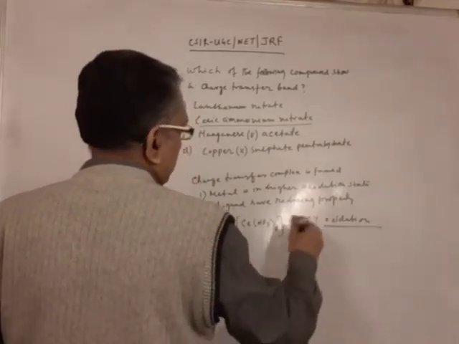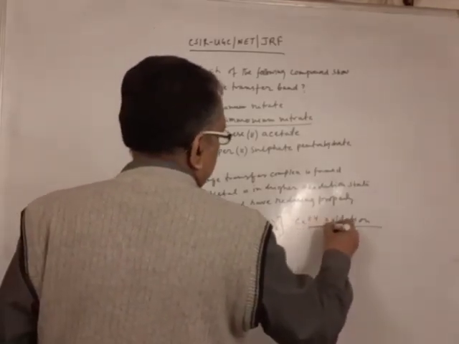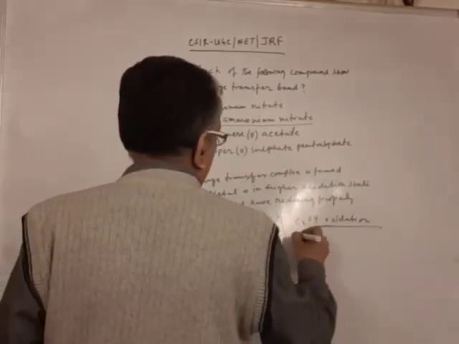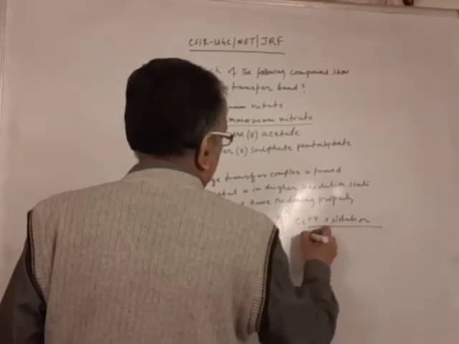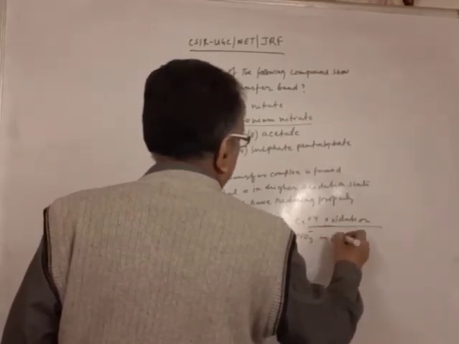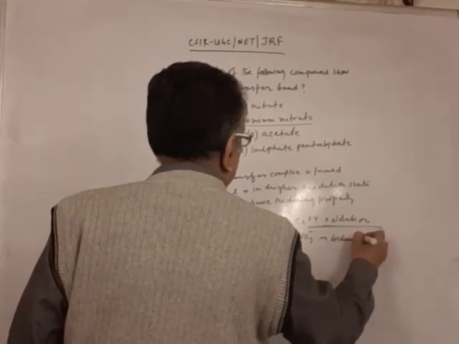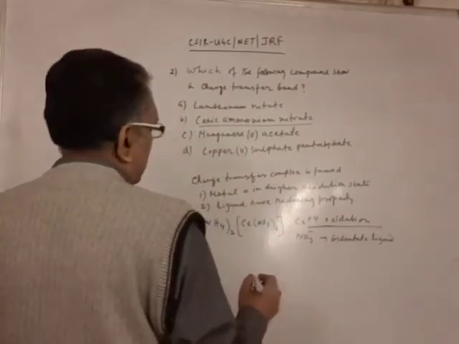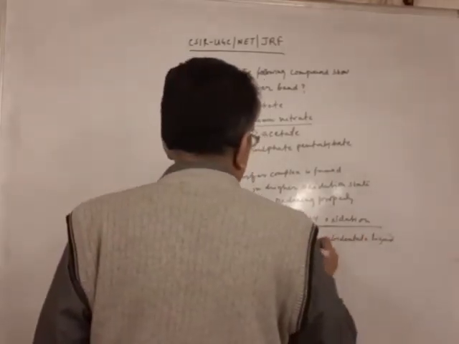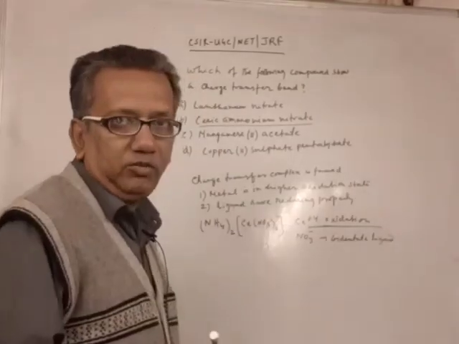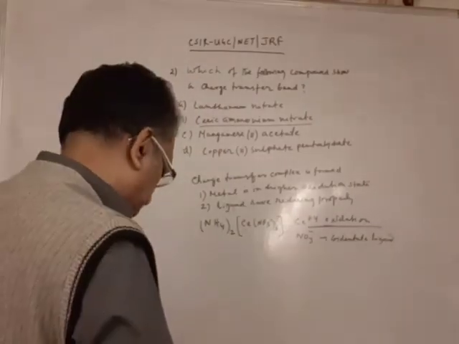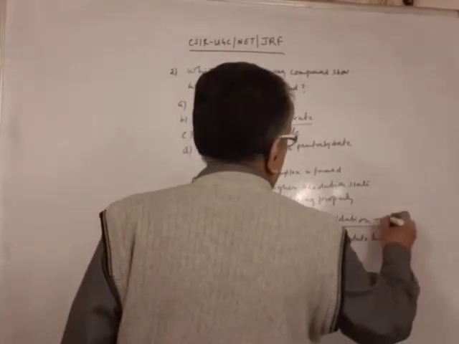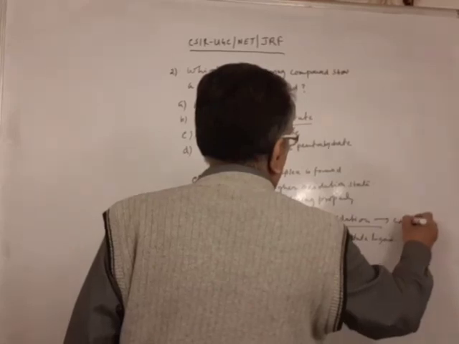The charge transfer is between ceric and nitrate NO3-. This is a bidentate ligand, and Ce has a coordination number of 12.